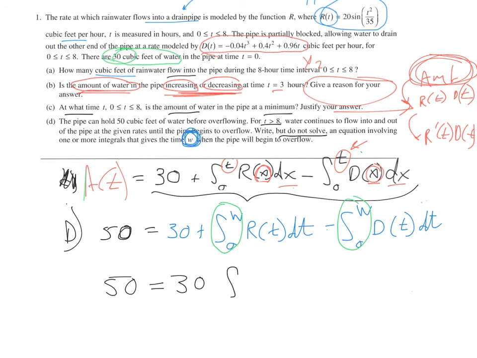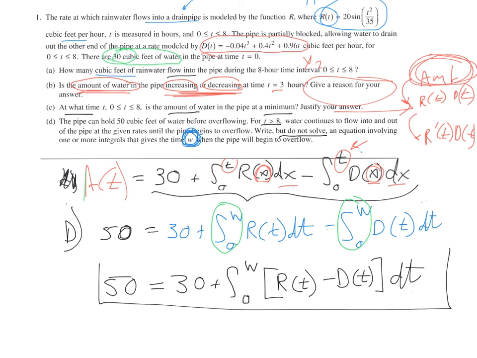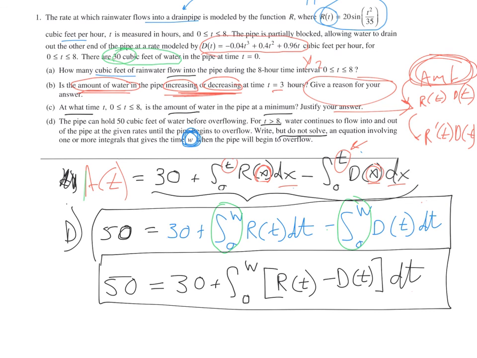So you could go 30 plus the integral from 0 to W of R of t minus d of t. Make sure you put these parentheses or brackets there before you put dt. And so now, this is an alternative answer that is also correct. Either one of these would be correct.